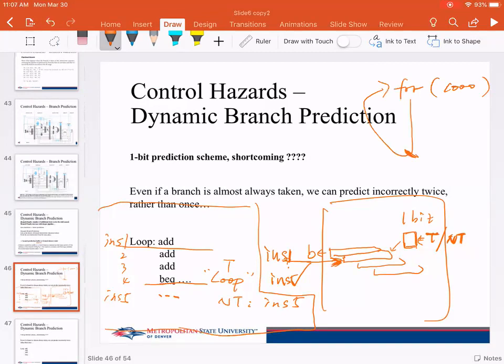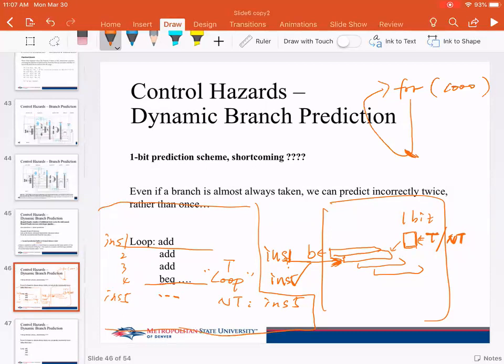After that, I don't need to update the buffer for another 999 times, because when I execute the for loop, if the branch is taken, it will be taken many times. If the branch is not taken, it might be not taken many times. So you don't have to update your buffer many times, and your buffer is doing correct predictions a lot of the time.